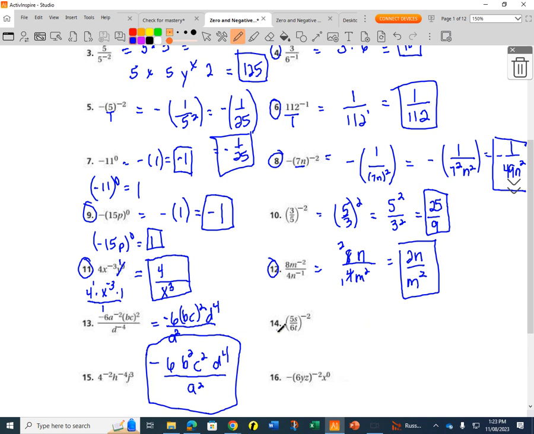All right. What do you think about number 14? What do you think we're going to do to number 14 to make that negative a positive? Faith, can you tell me what you think we should do? We could distribute, but let's make it a positive first. Let's look up here to this one. Do you see it, number 10? What do we do to make that exponent positive?